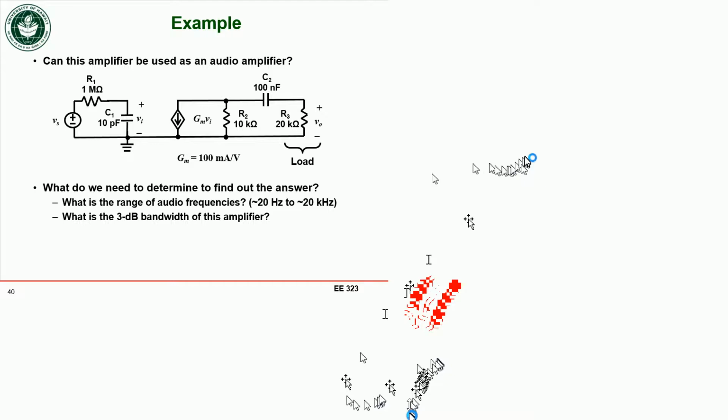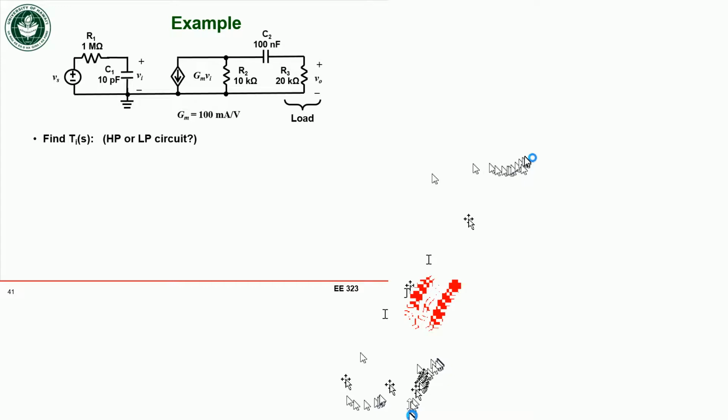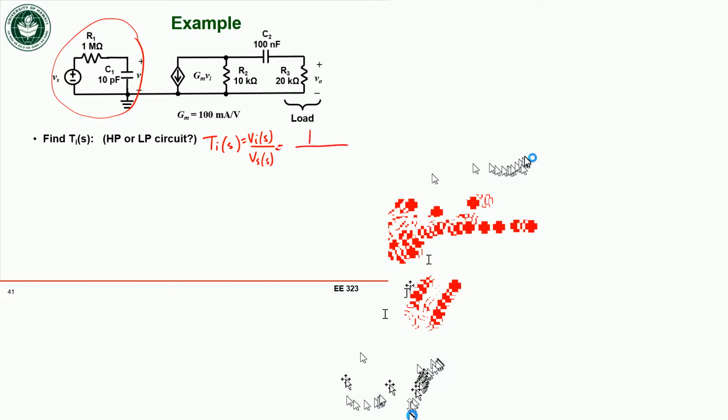And when we looked at this circuit, we first looked at the input part of the circuit, and we found out the input transfer function, which was given by this, and that is a low pass transfer function.